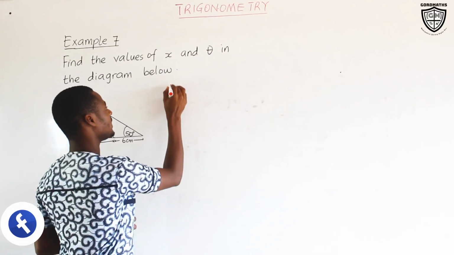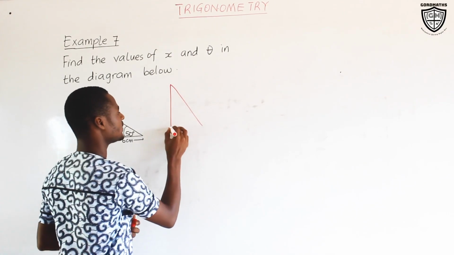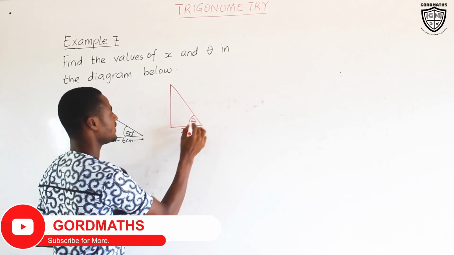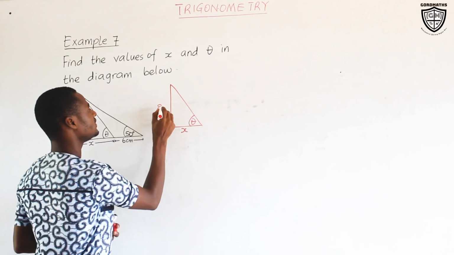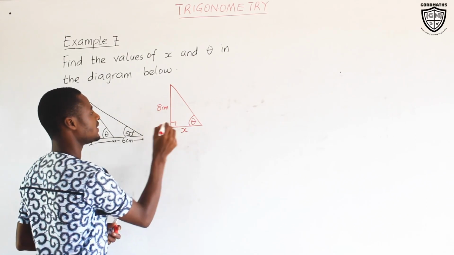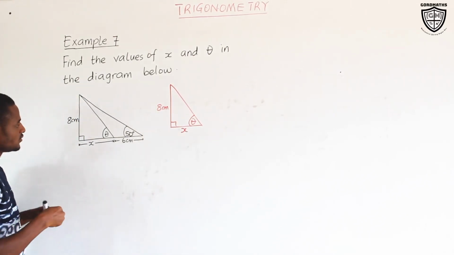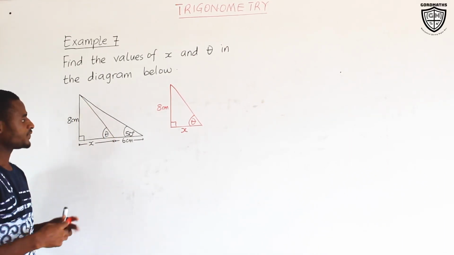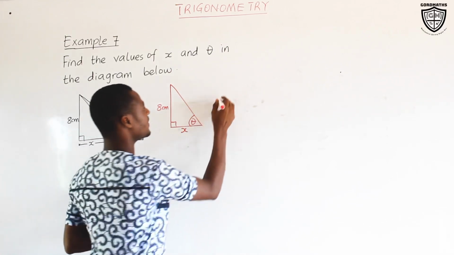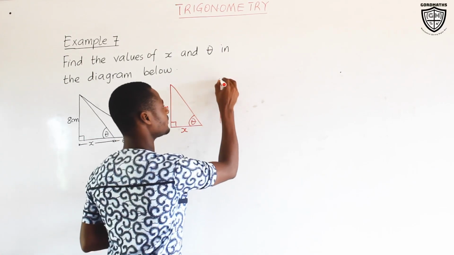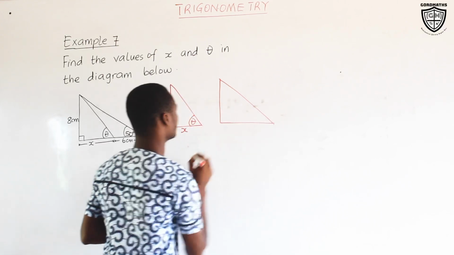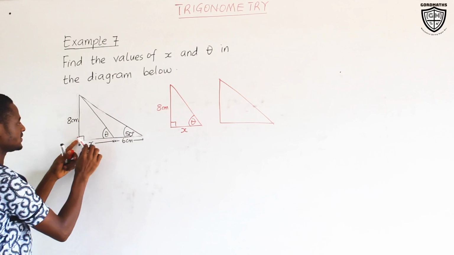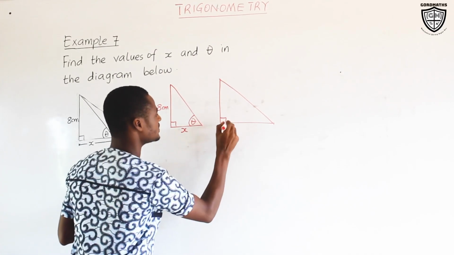So we can have this right angle triangle with x as one side, theta as an angle in it, 8 centimeters, and then the angle 90 degrees. So we have this right angle triangle from the diagram. Then we have another right angle triangle, still having 90 degrees in it.